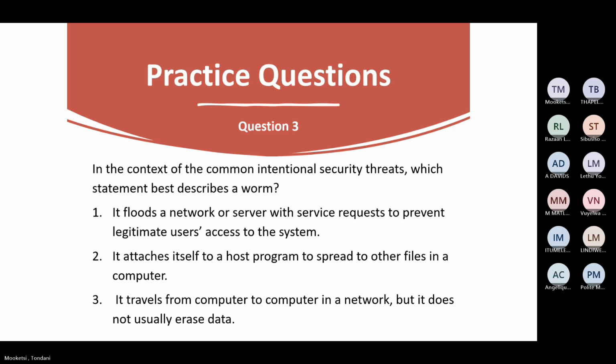Okay, I'm seeing 2s and 1, 3. Hmm. 2, we are saying a worm attaches itself to a host program to spread to other files in a computer.